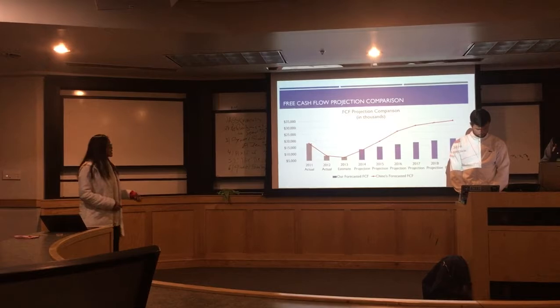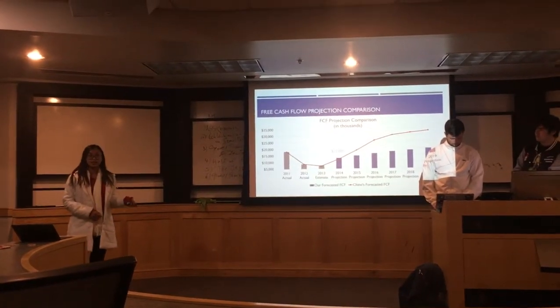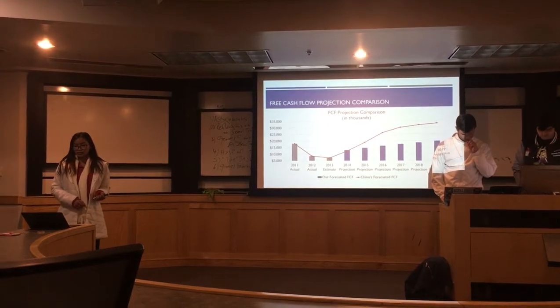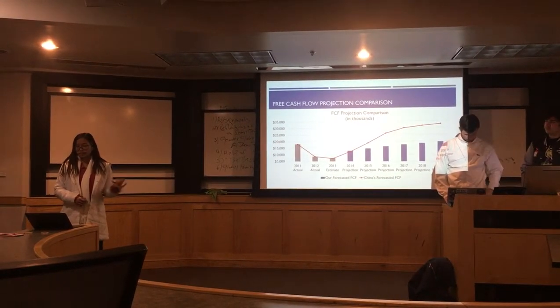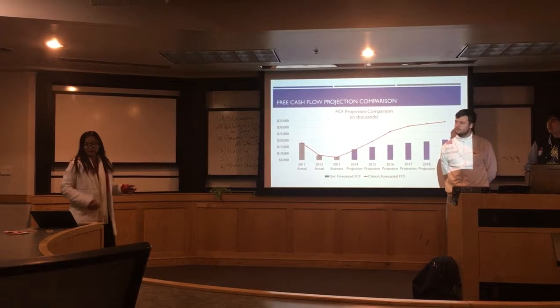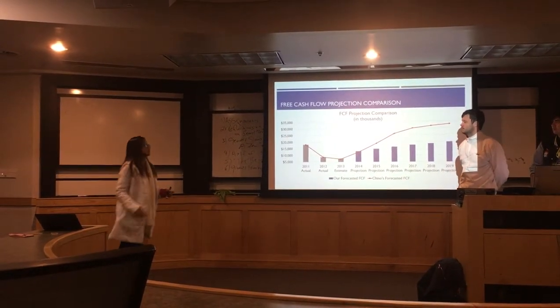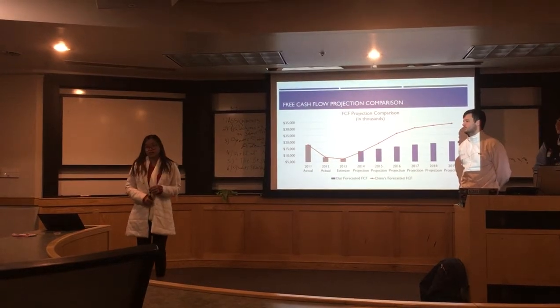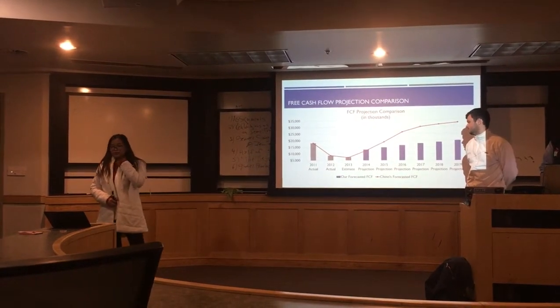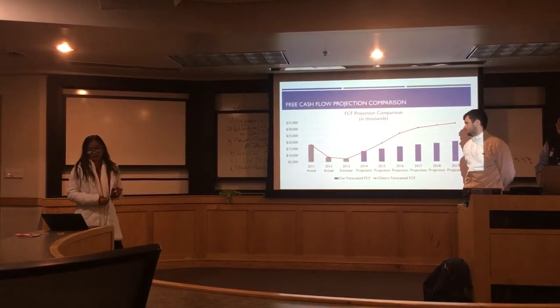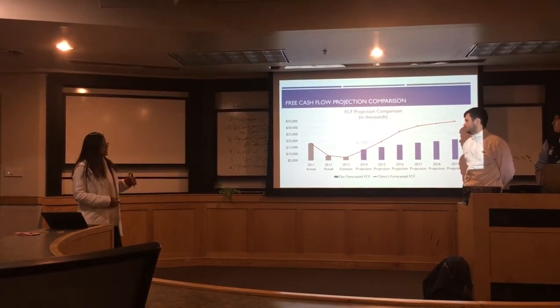Each balance sheet item is projected to mirror sales and expense growth based on historical ratio, and as can be seen, our free cash flow formula is less depreciation and amortization, less change in net working capital, less capex. And this leads to a free cash flow of around 20 million in 2019.